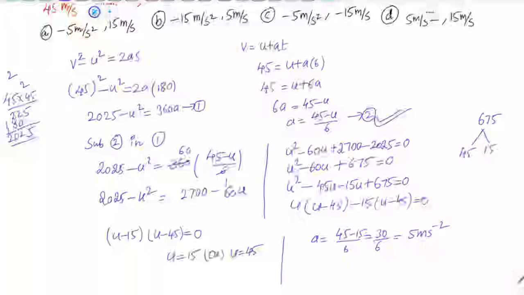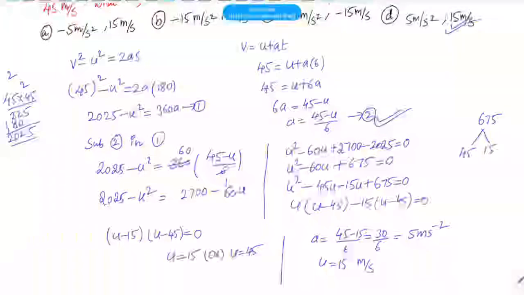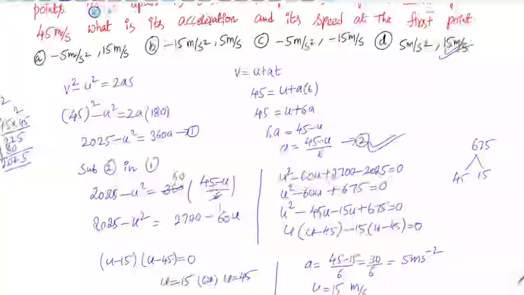And the initial velocity we want to find, initial velocity u is equal to 15, which we already found. So the correct answer is the fourth option. Okay, so initial velocity is 15 meter per second, and acceleration is 5 meter per second square. In this way you can solve this third problem.